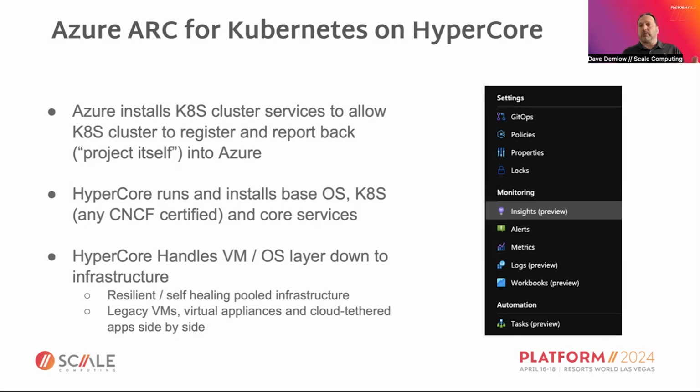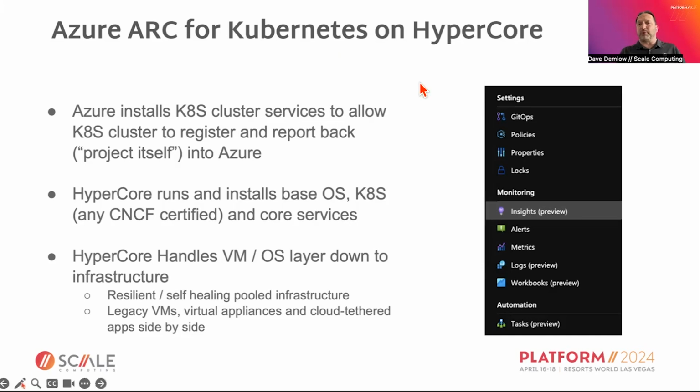So HyperCore here is handling the VM operating system layer, and then of course the infrastructure, providing that resilient, self-healing virtual machine workload infrastructure that you're familiar with on HyperCore, and letting you manage those legacy VMs as well as containerized appliances and applications right next to each other.